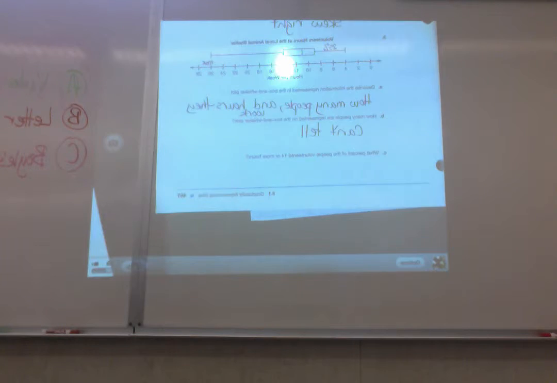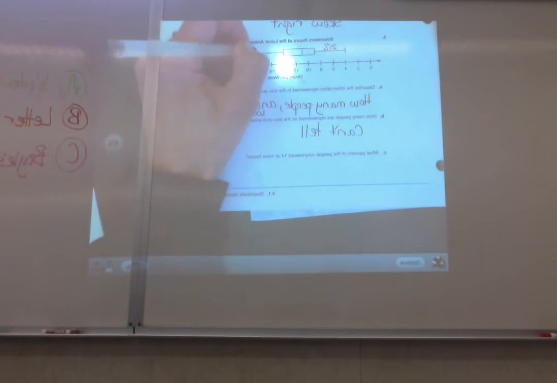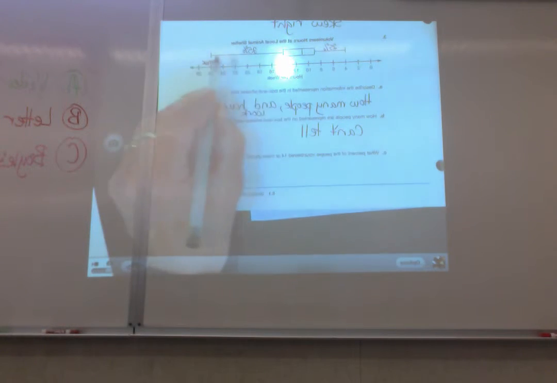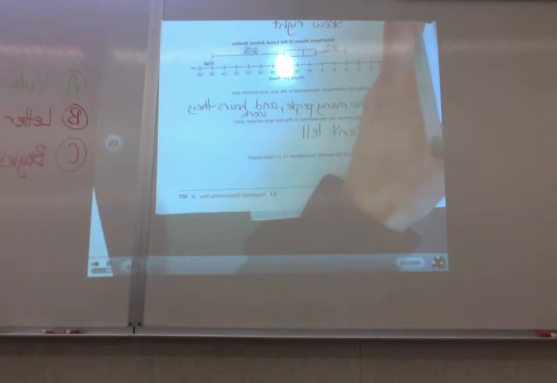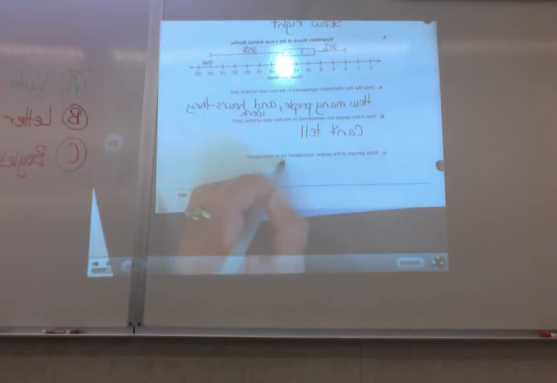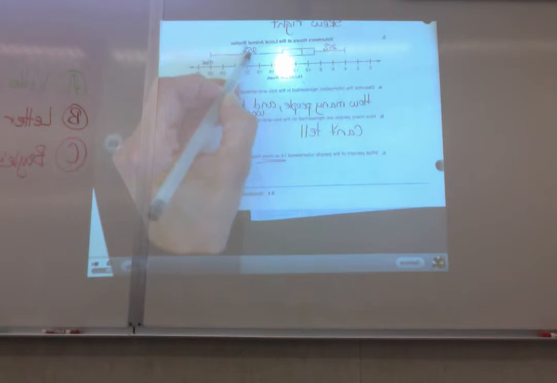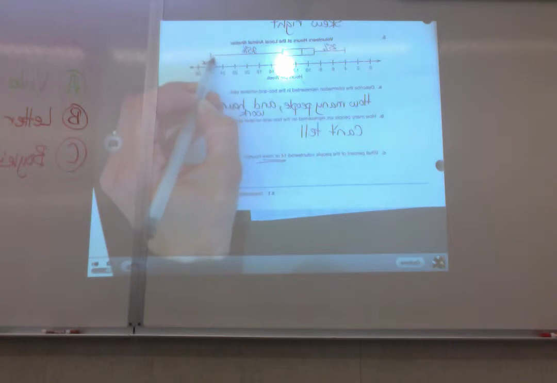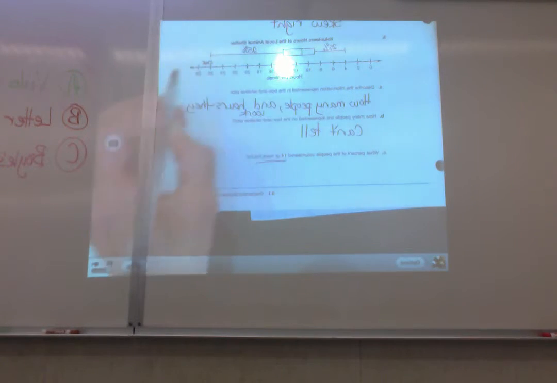What percent is between those two spots? 25%. 25 is up, 75% is less. Okay, but the question was 14 or more. So this is 25%, but looking at the or more piece means you wanted this side, and that's 25%.